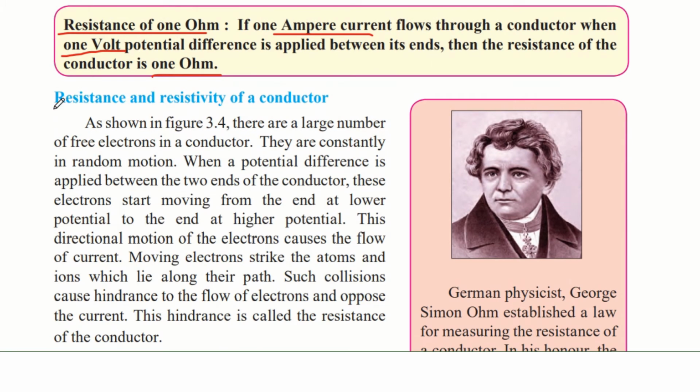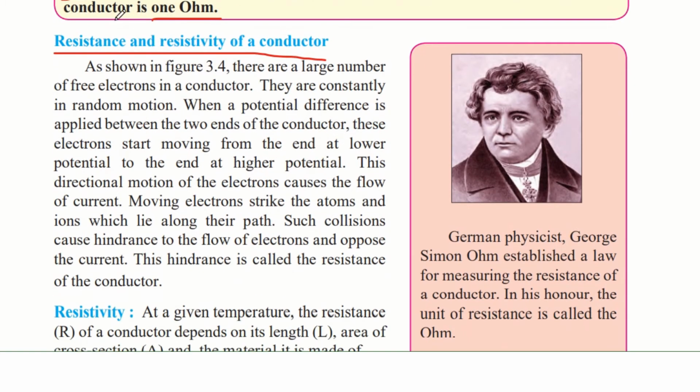Now let us study what is resistance and resistivity of a conductor. As shown in the figure, there are a large number of free electrons in the conductor, which we had seen earlier. Each conductor has many free electrons because each electron is very tiny.